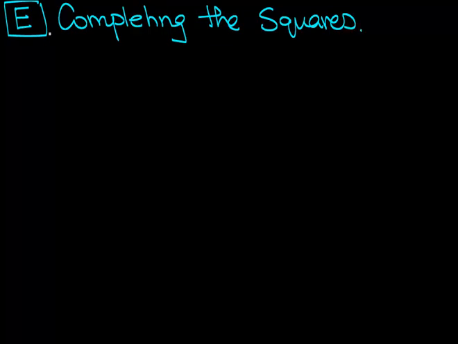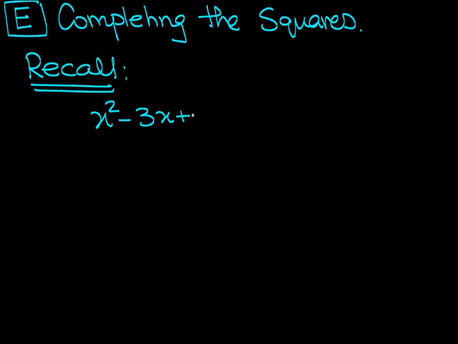Now, just to recall what this method is trying to do. Let's say you're given a polynomial, the one we just did a minute ago, if you recall, it was x squared plus 3x minus 4.